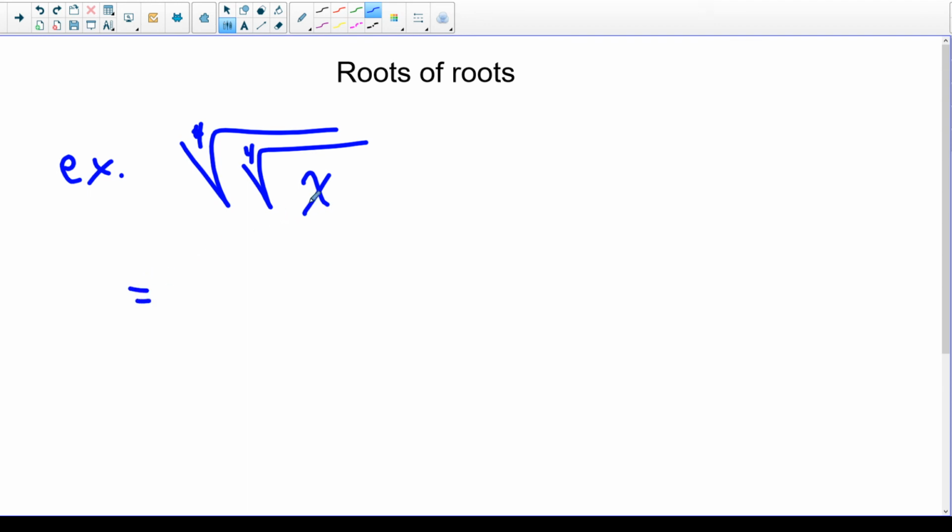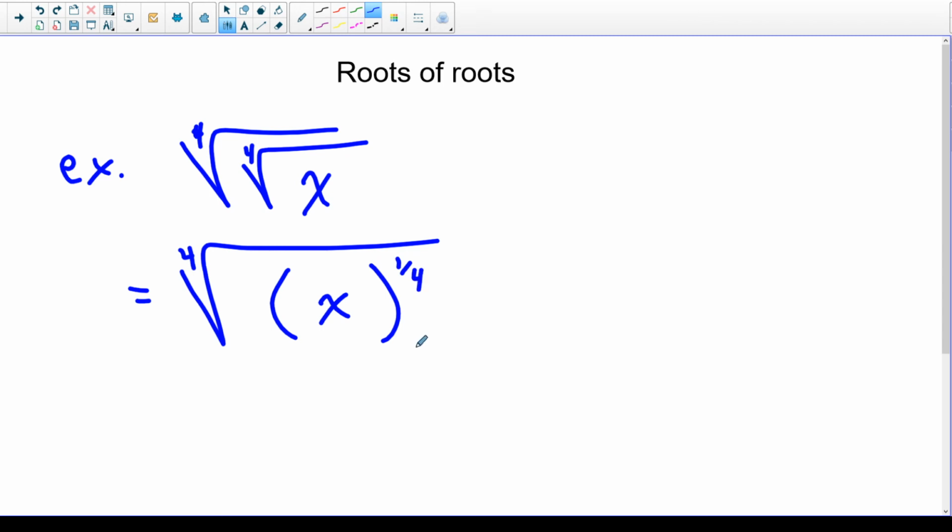Well, let's write the inner one first as our exponent. And this is where I like to think about oysters and pearls. So my pearl is x. X is trapped inside of an oyster, and these are the two shell pieces of the oyster here, okay? And the type of oyster is a 1/4 oyster, because when we're taking a root and writing it as an exponent, it becomes a fractional exponent.